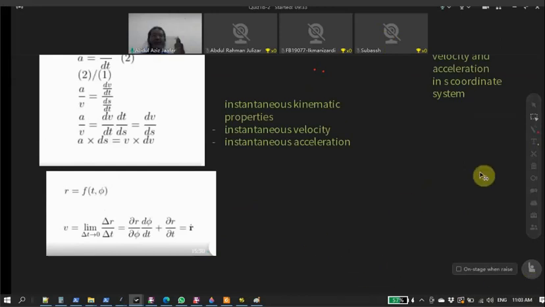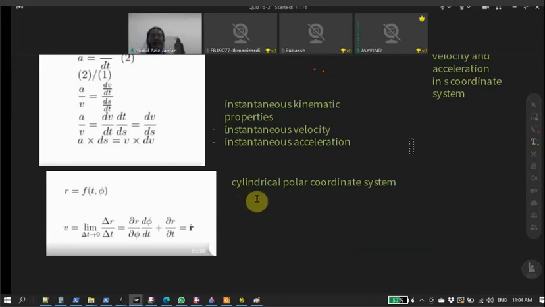Right, so now we are looking at this polar coordinate system. For this polar coordinate system, I'm going to remind you, this is the way that we define the coordinate system, right?